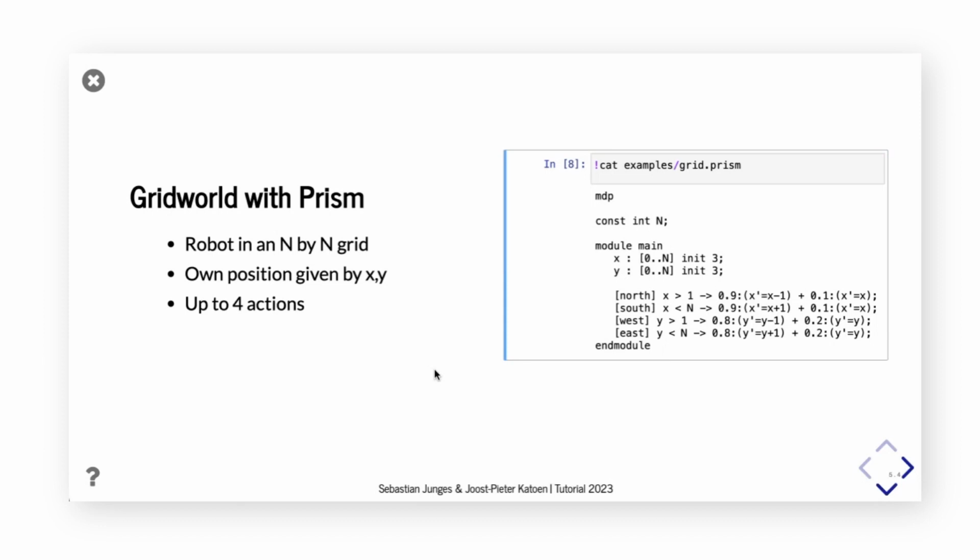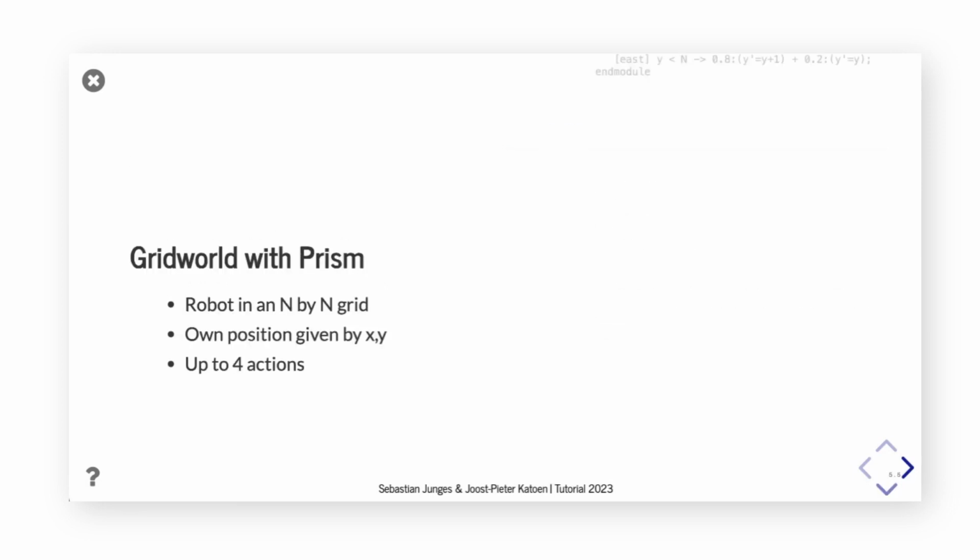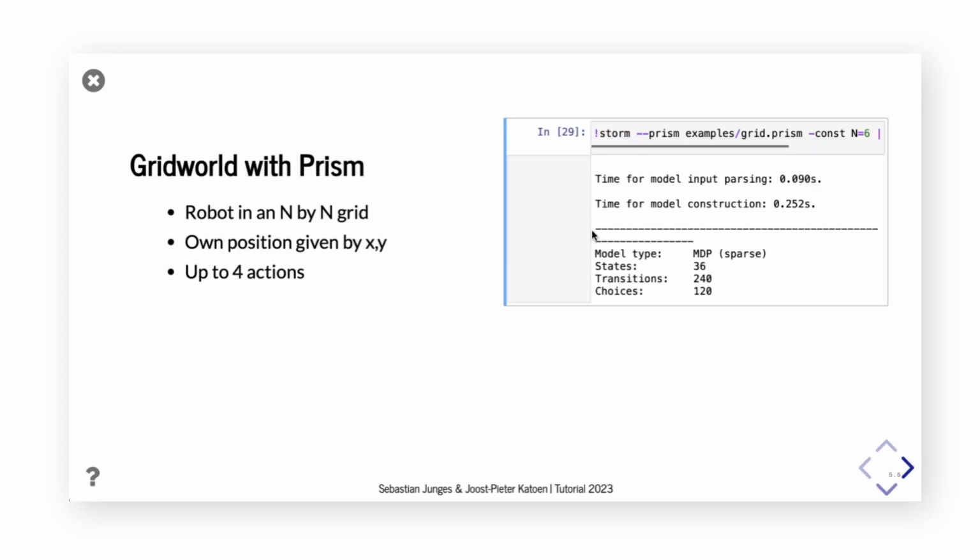Now, I hope that you can see that this is very simple to create in many scenarios. And this is the preferred way of interacting with a model checker. So in order to show you how you now use Storm, we can again call Storm, and we now need to provide what value of n we want to use.